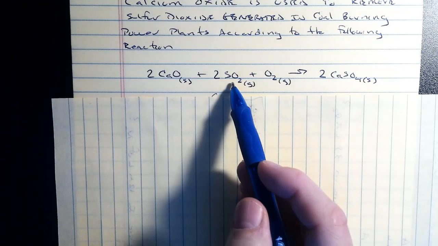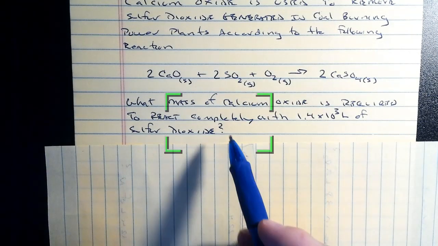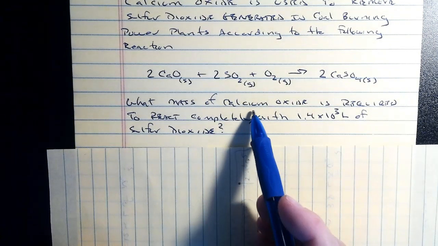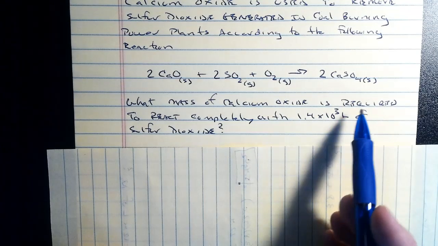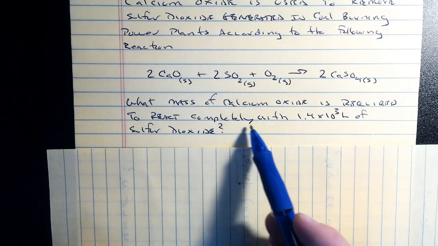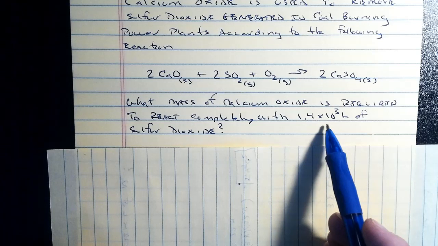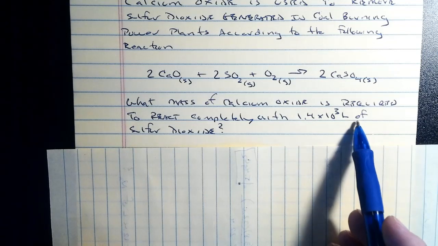Okay, so this is the bad guy right here, sulfur dioxide. So what mass, so we're going to go to mass, of calcium oxide is required to react completely with 1.4 times 10 to the third power liters of sulfur dioxide?